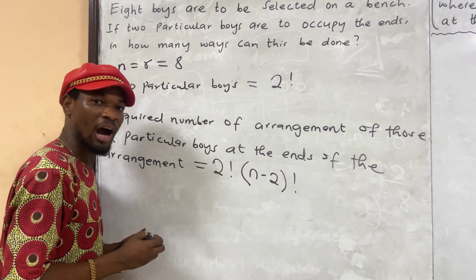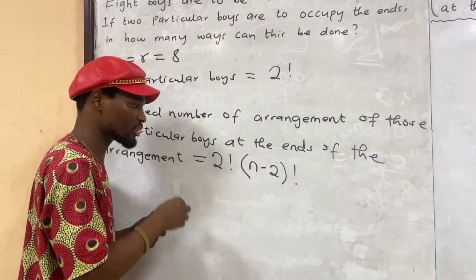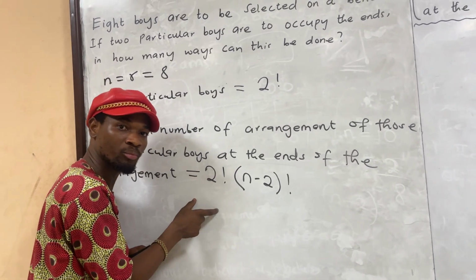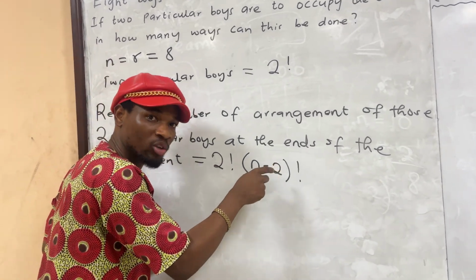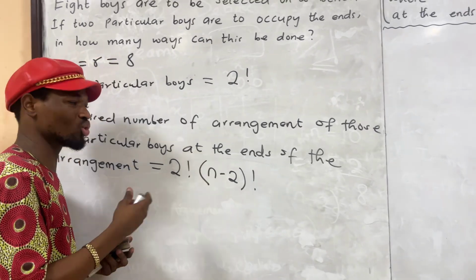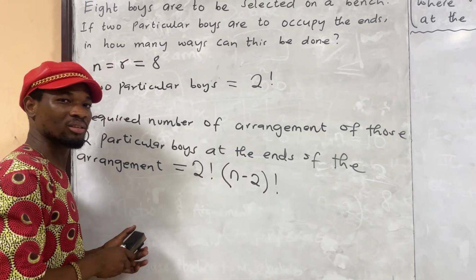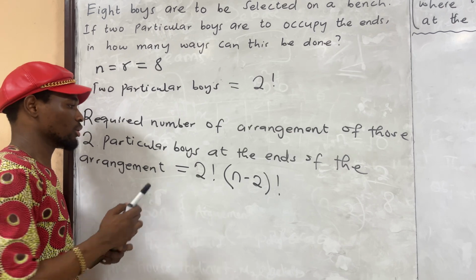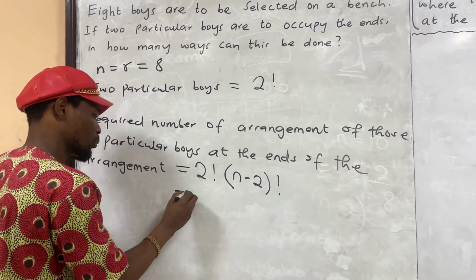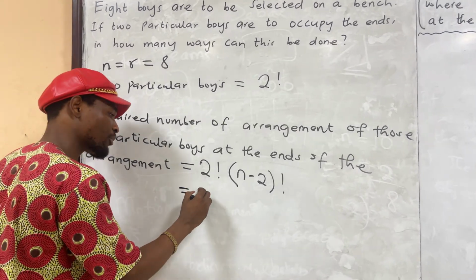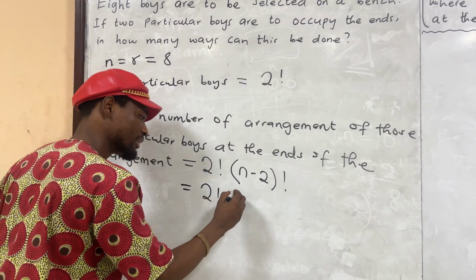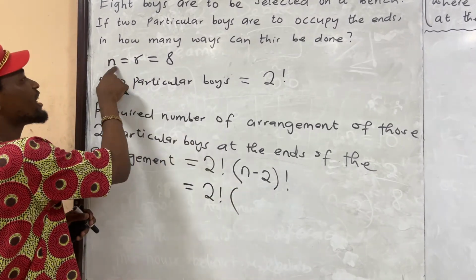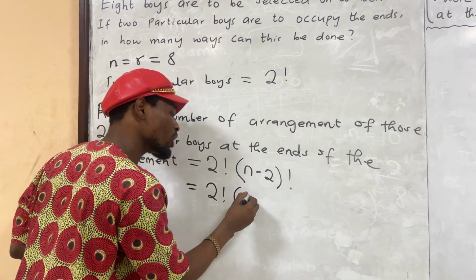Viewers, I've explained in detail where 2 factorial is coming from and where n minus 2 factorial is coming from, okay? So once you know them, straight away you can just write the formula. So by substitution, we have 2 factorial, then what is my n? n here is 8.